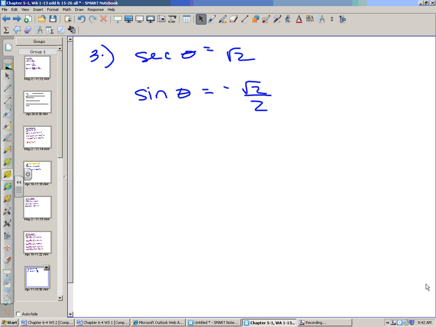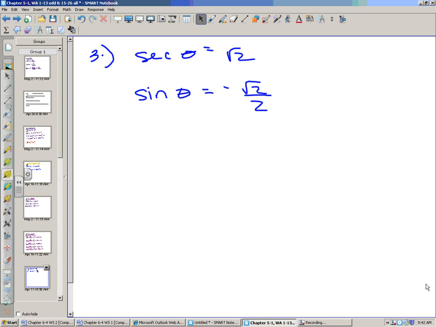A magnet will do that? For real? Okay. It's not on my computer screen. It's only on my smartboard.